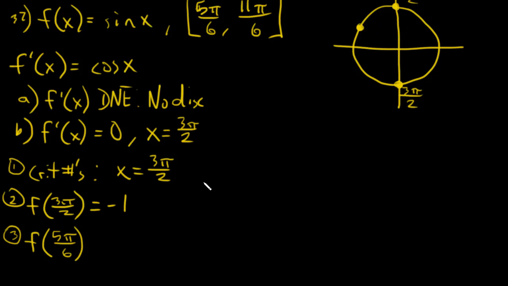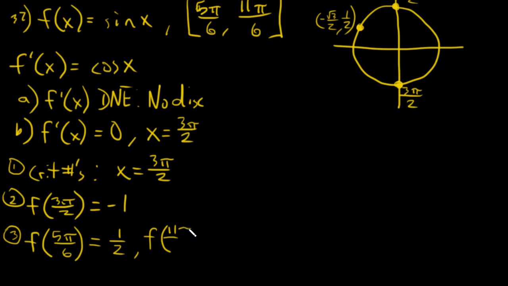And that y value is going to be 1/2, because this point is at -√3 over 2, 1/2.